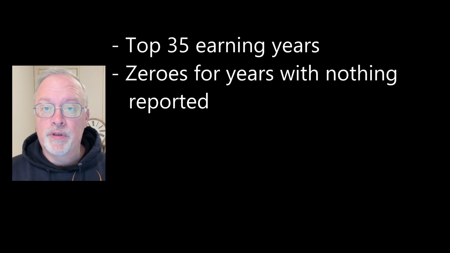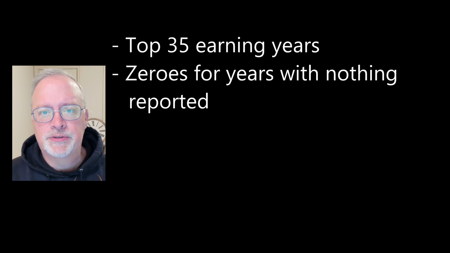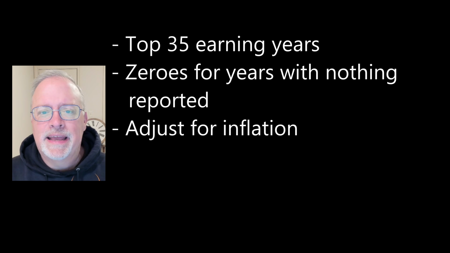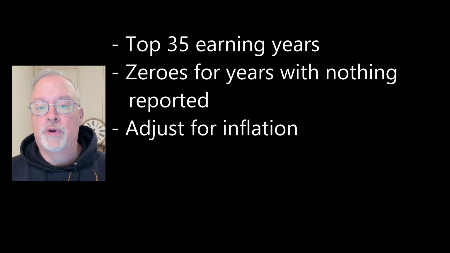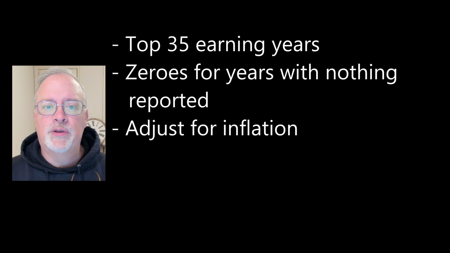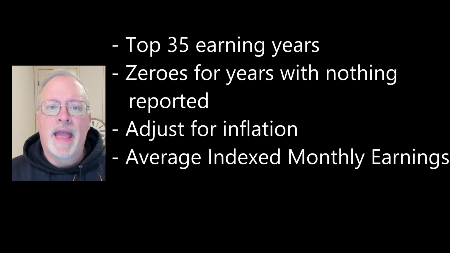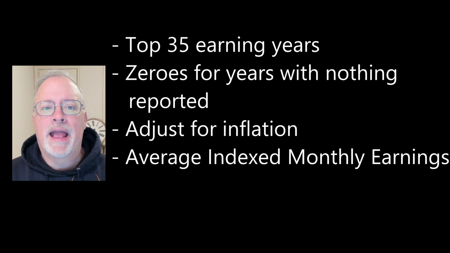If you have fewer than 35 working years, they put in zeros for the missing years. Next, they adjust, or index, those past earnings for historical wage growth so that your 1990 salary is comparable to today's dollars. They average those 35 years into a monthly number known as your average indexed monthly earnings, or AIME.